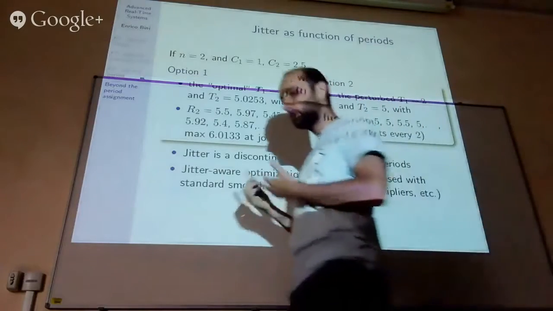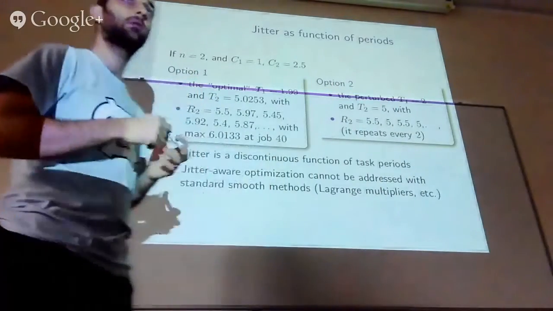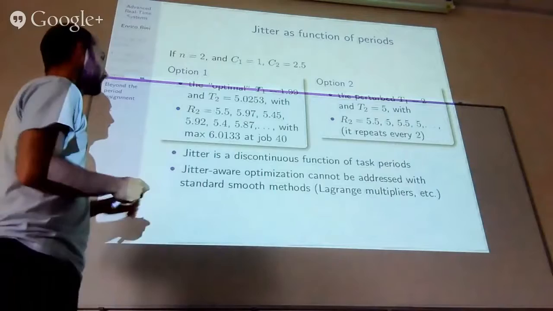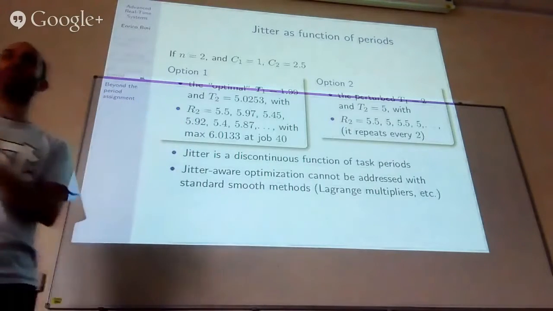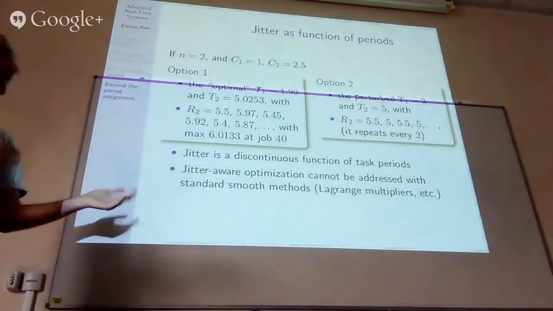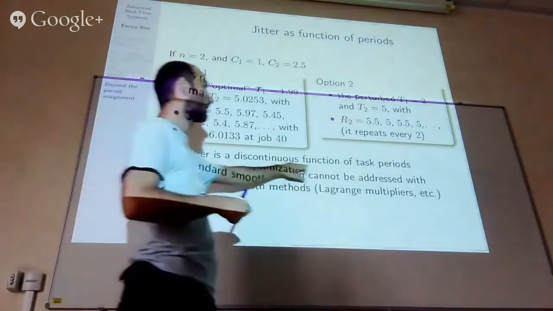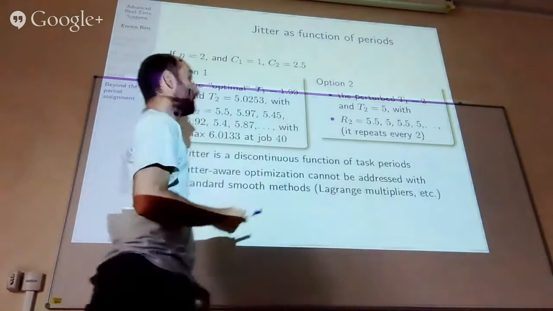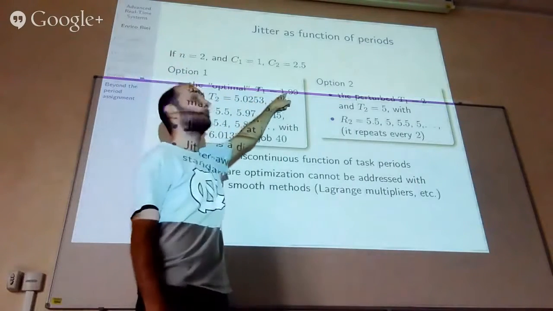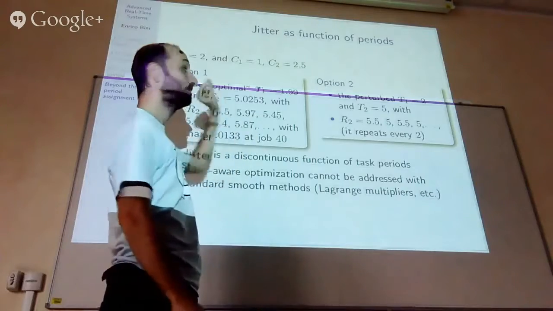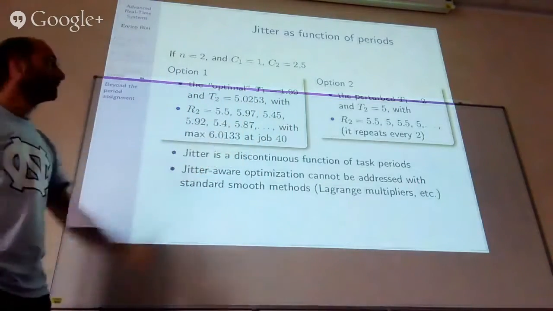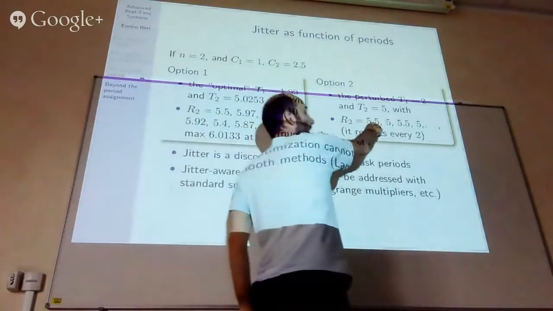So this example is just to say that the jitter, that is how much the response time pattern varies over time, is discontinuous over the task period. By making a very small perturbation of task periods, we achieved a very big jitter variation. Here the jitter, let's say, is 0.5.